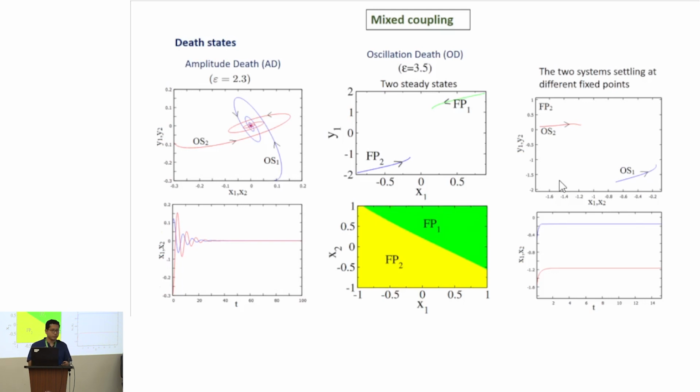Because we are coupling only in one variable, suppose we are coupling in only y and introducing the repulsive coupling only in y and the diffusive coupling only in x, then we observe the AD states. So have you tried all combinations of which variables to introduce? Yes, we have presented these results. Okay, all right, thank you.